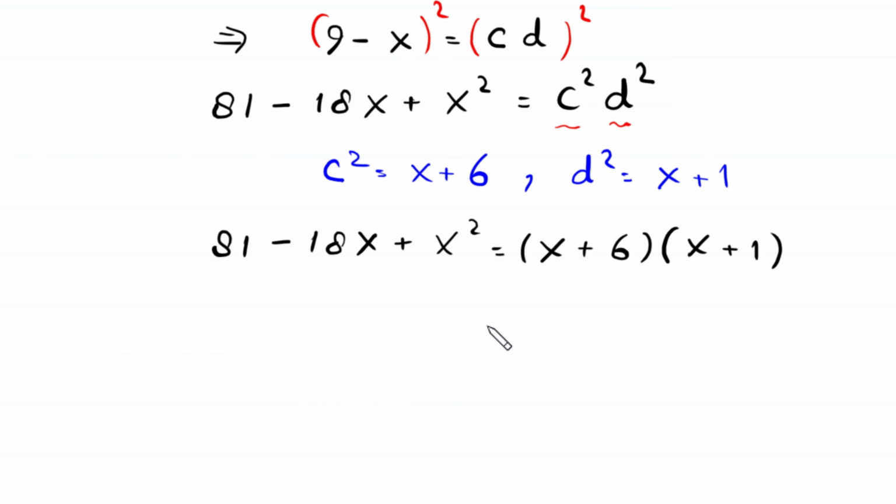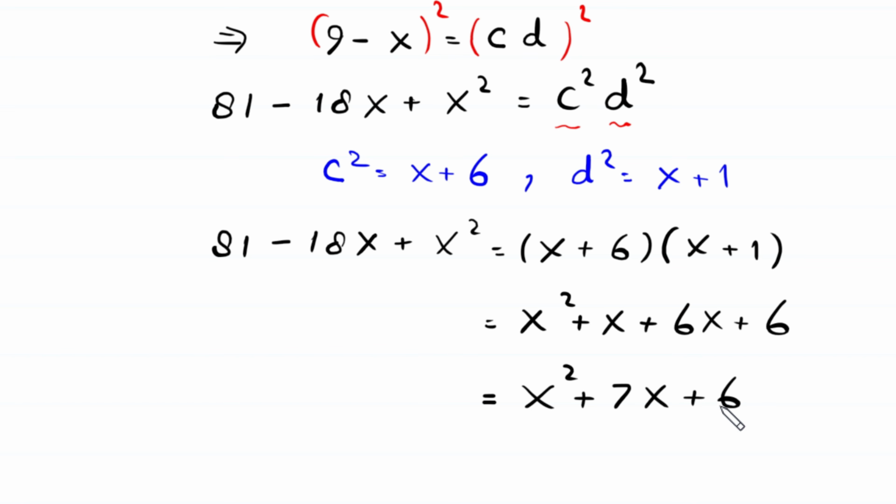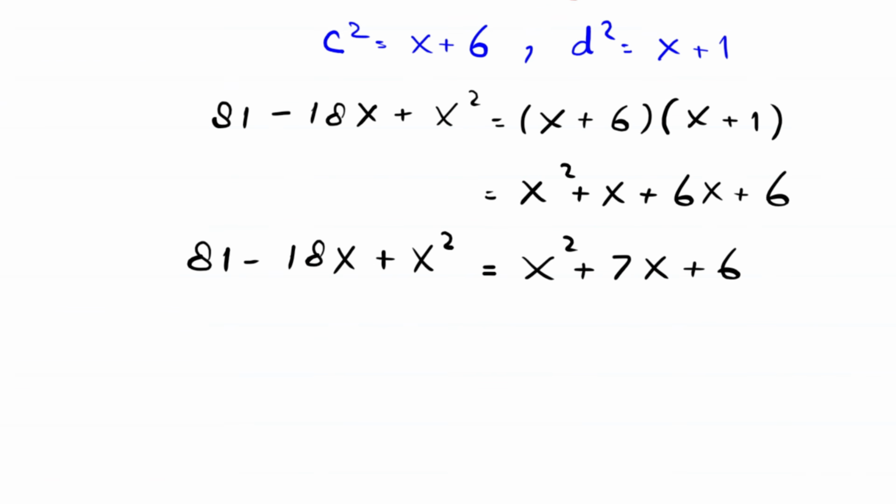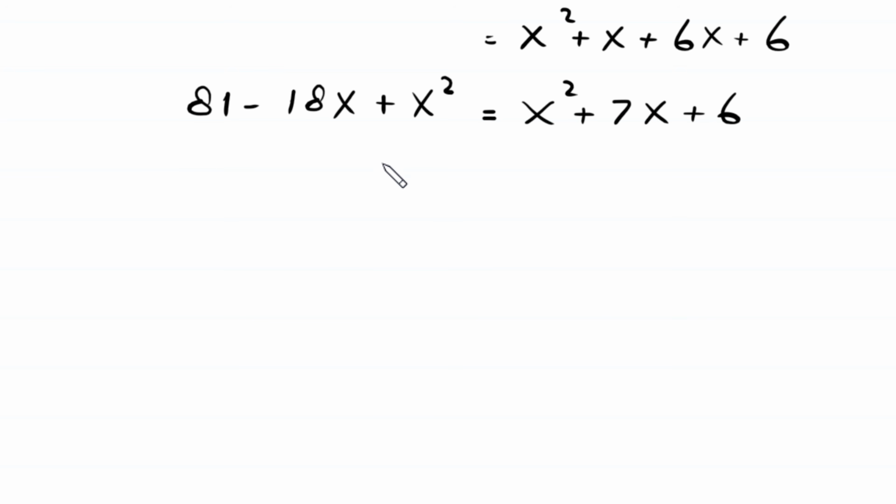Expand this expression. This becomes x squared plus x plus 6 times x plus 6. Further simplified, this becomes x squared plus 7 times x plus 6. On the left hand side we have 81 minus 18 times x plus x squared. Subtract x squared from both sides, so this cancels out.